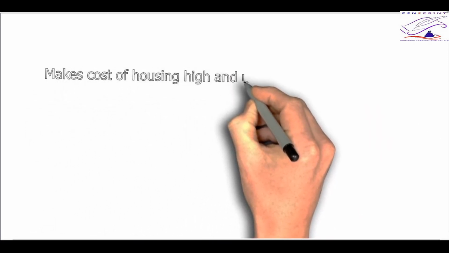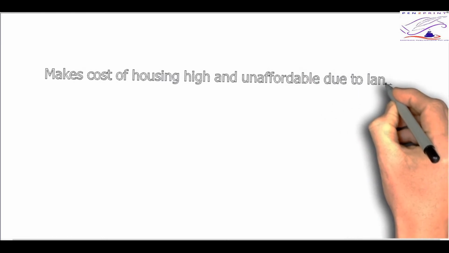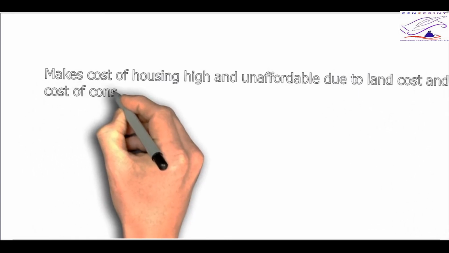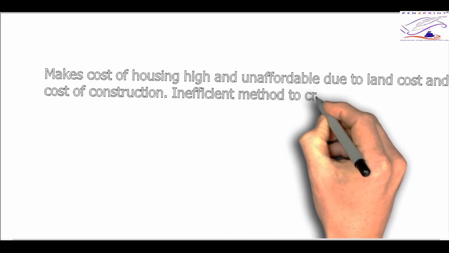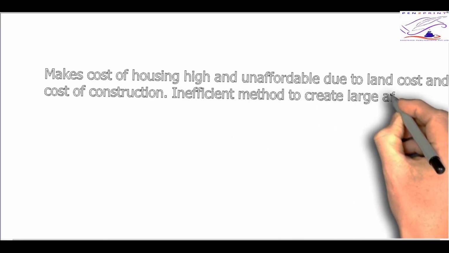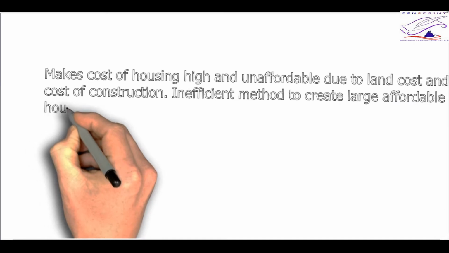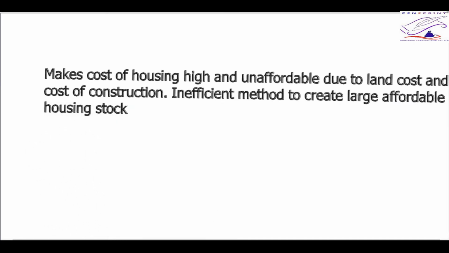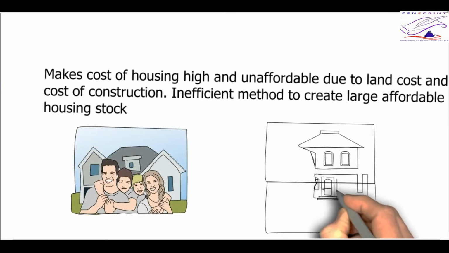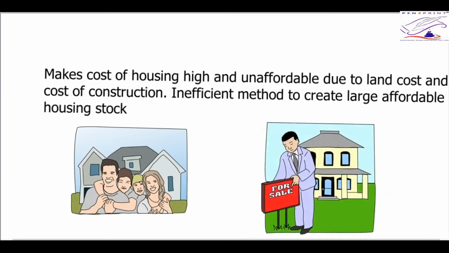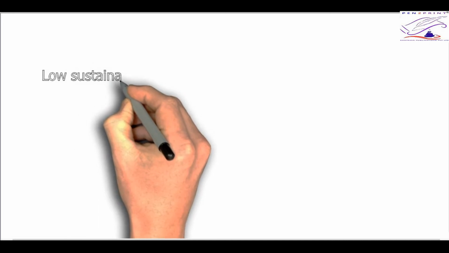This also makes the cost of construction of buildings high and unaffordable due to the land cost and cost of construction. Because if you construct multi-story buildings, then the cost of construction will reduce, but if you construct only one or two story buildings, then the cost of construction will be very high. So there will be an inefficient method to create larger affordable housing stock.